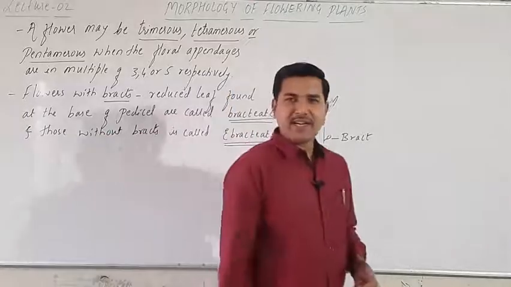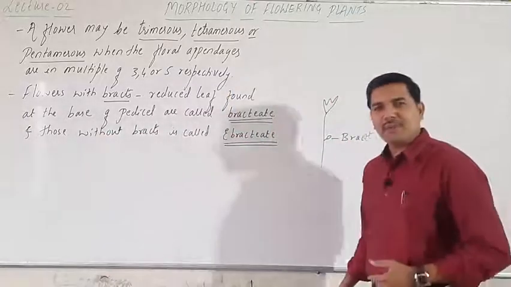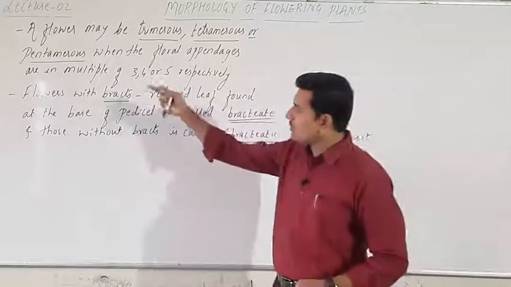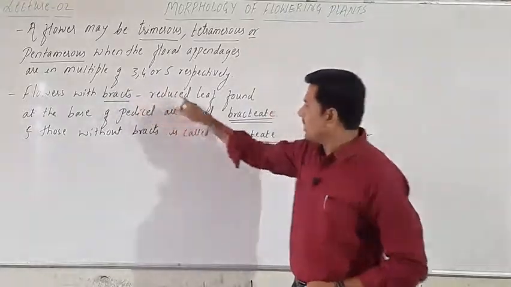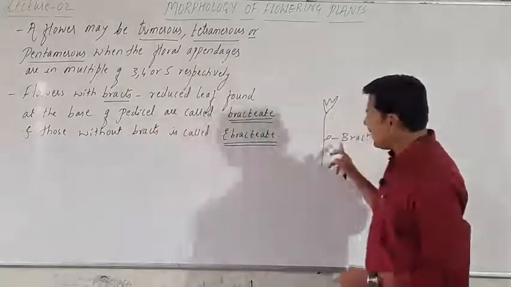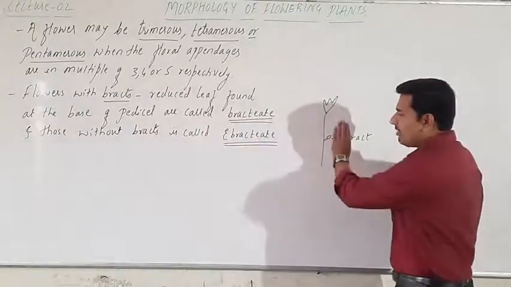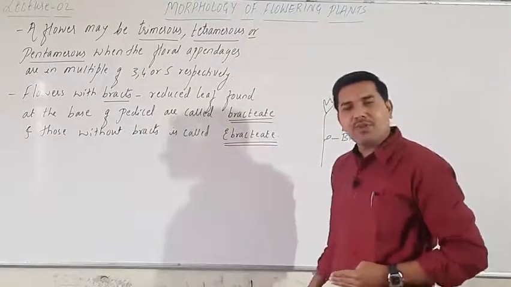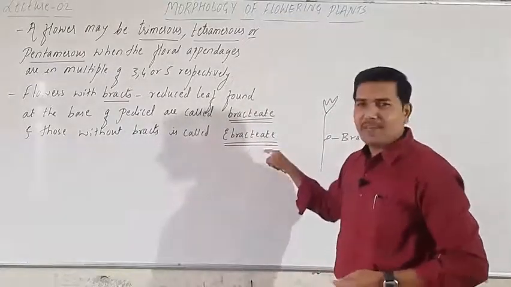What is bracteate and ebracteate? In an objective question frame you should write the definition. Flowers with bracts, meaning reduced leaf found at the base of pedicel, they are called bracteate, and if the pedicel is present without these bracts, we call it ebracteate.